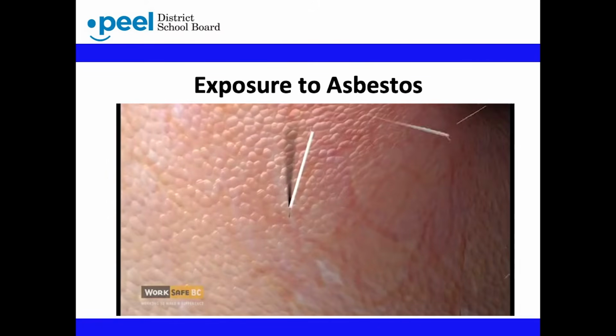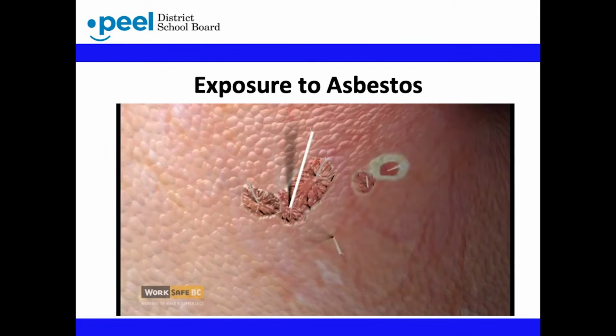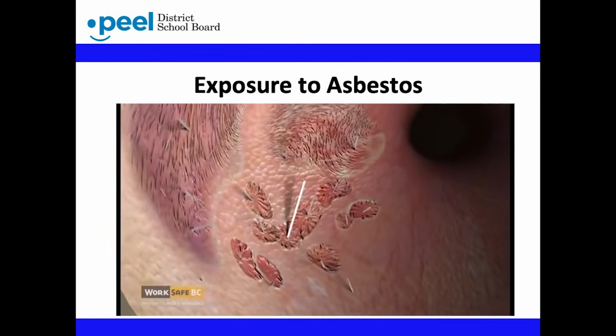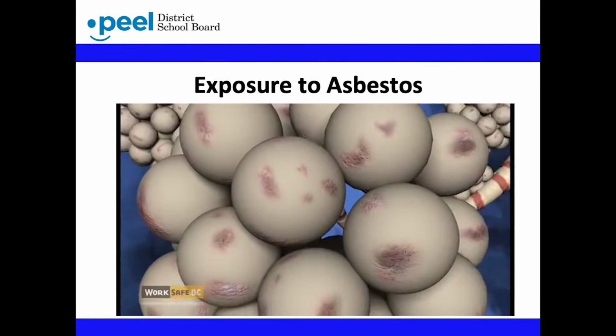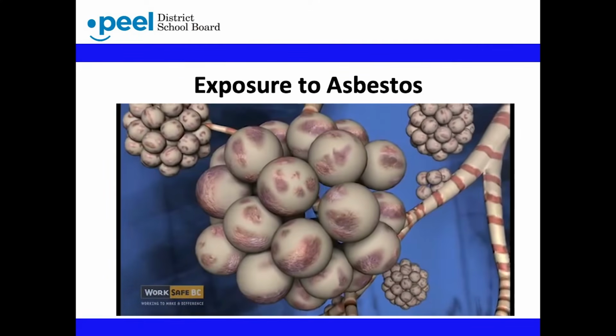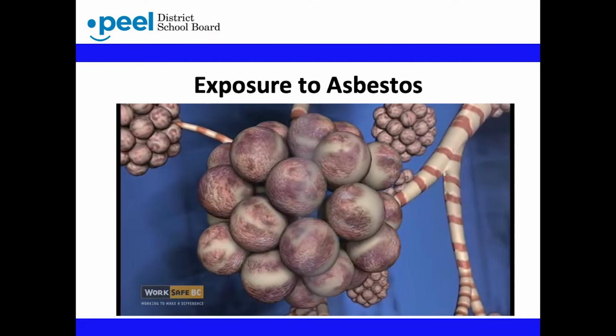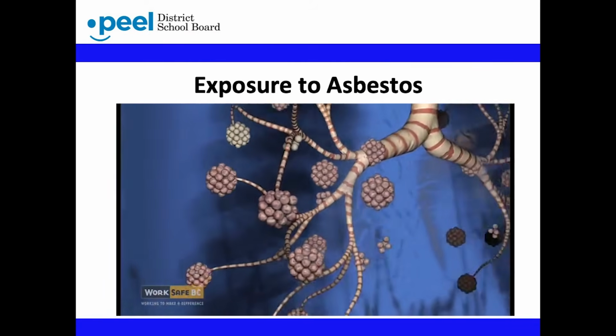The fibers lodge in the delicate lung tissue where oxygen is absorbed into the blood. Immune system cells try to break down the asbestos fibers and become damaged and die. Scar tissue forms around the dead cells and spreads as more fibers embed in the lungs.